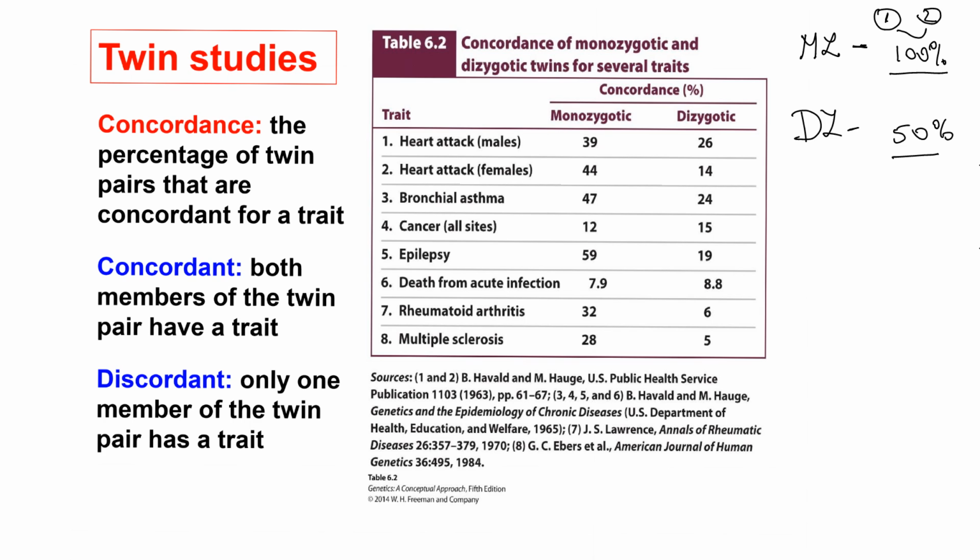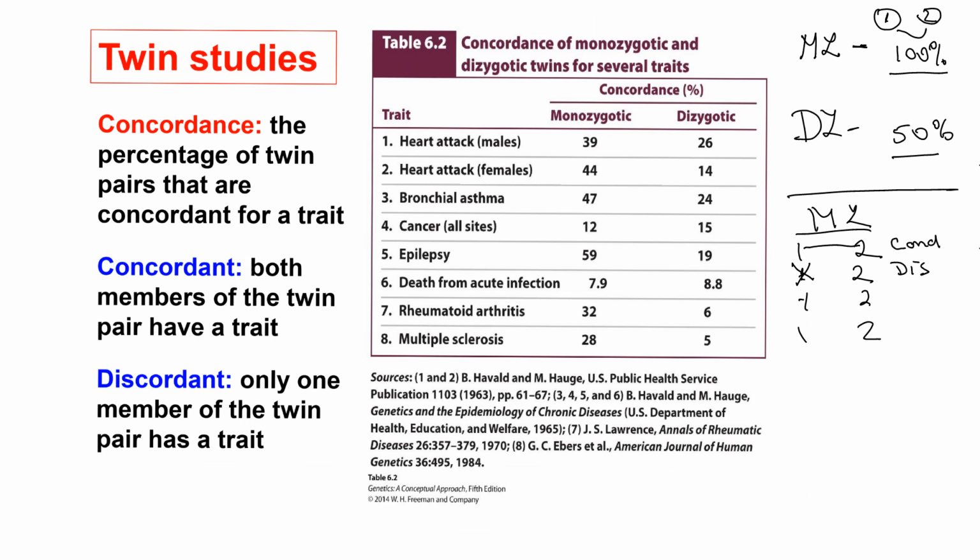So what is concordance? Let's say you have monozygotic twins, pairs of twin one and twin two. You take these pairs of twins and you look at whether they manifest the trait you are interested in. If both of them manifest it, we say that they are concordant. If only one manifests it but the second one does not, they are discordant.